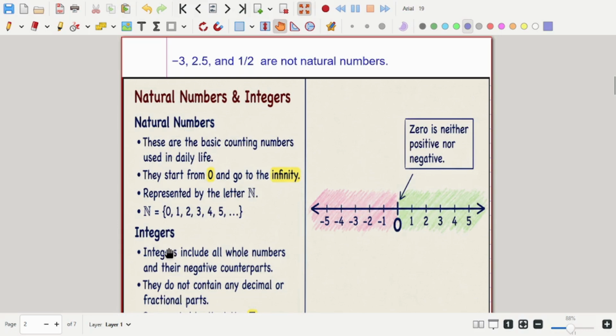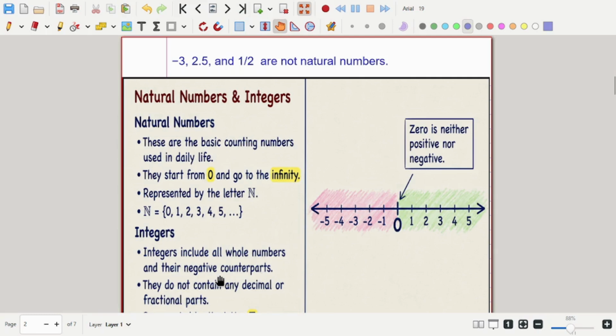So what are integers? Integers include all whole numbers and their negative counterparts. Whole numbers mean 1, 2, 3, 4, 5, till positive infinity, and their negative counterparts are -1, -2, -3, -4, -5, till negative infinity.